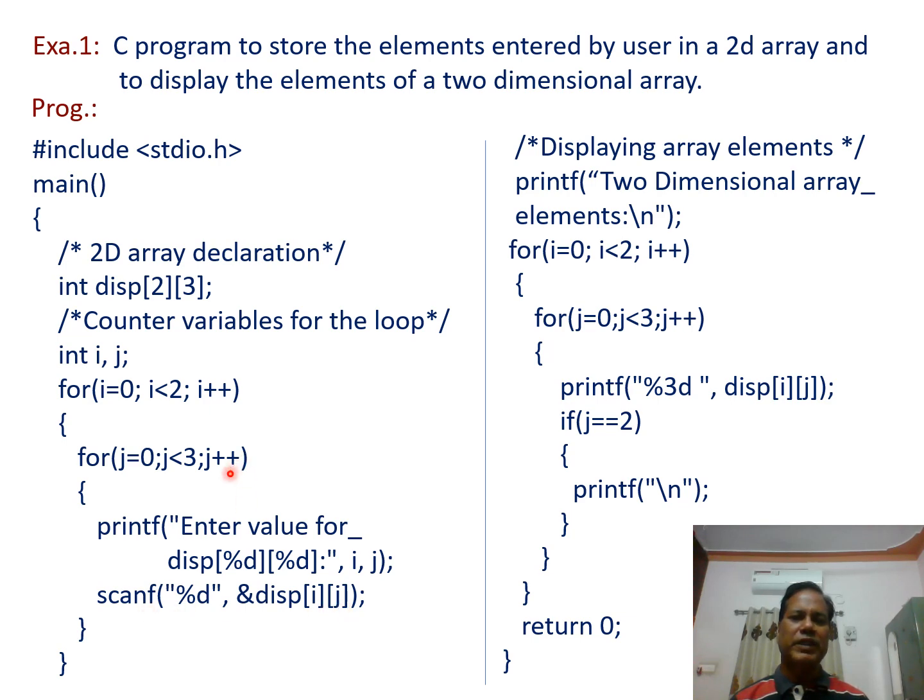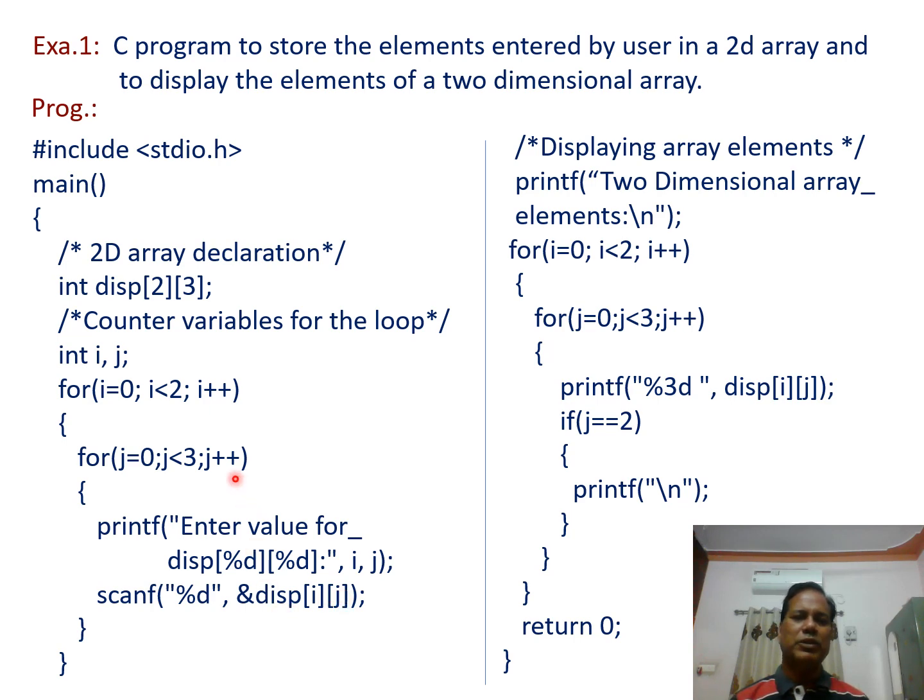Then the value of j is incremented. The second time also the condition is true, that is 1 is less than 3. Then the body of this inner for loop is again executed, and this time the second value, corresponding to the second column, is entered by the user, taken in by the scanf function and stored as disk 0 1.